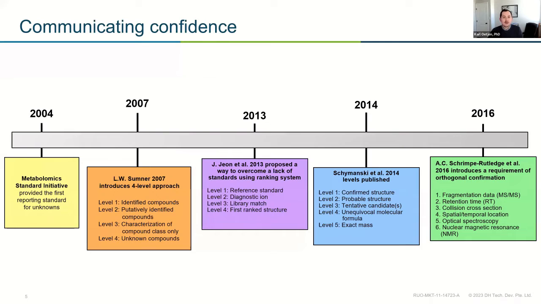This is something that the metabolomics community tackled and did a really good job defining. They started back in 2004, deciding what do we need to be confident in our results. And then I think a real pivotal time happened in 2014 when Emma Szymanski published the first paper she published on this topic of communicating confidence and what pieces of evidence we need to be confident in our data.